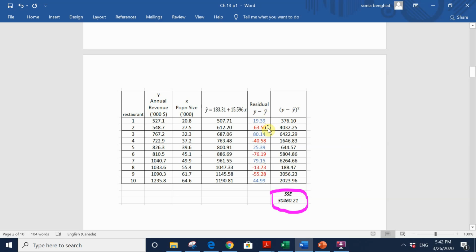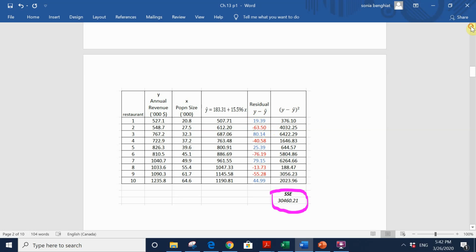Likewise, when I've got a red residual, this is telling me that my estimated line of means is overestimating or over predicting what y should really be. In other words, my observed y is falling below the corresponding estimated y.